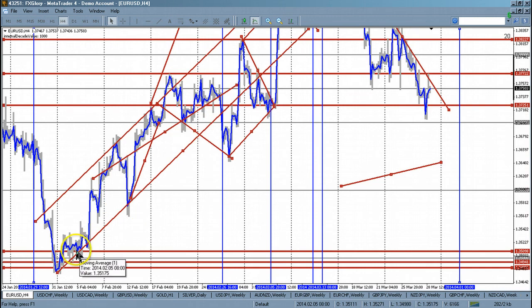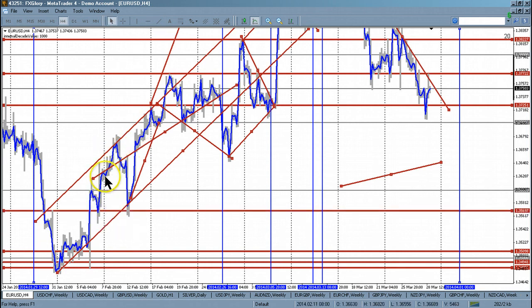In Wyckoff theory, it would be accumulation, markup, reaccumulation, although it looks a little steep there. That's a very quick reaccumulation phase, and then markup again.